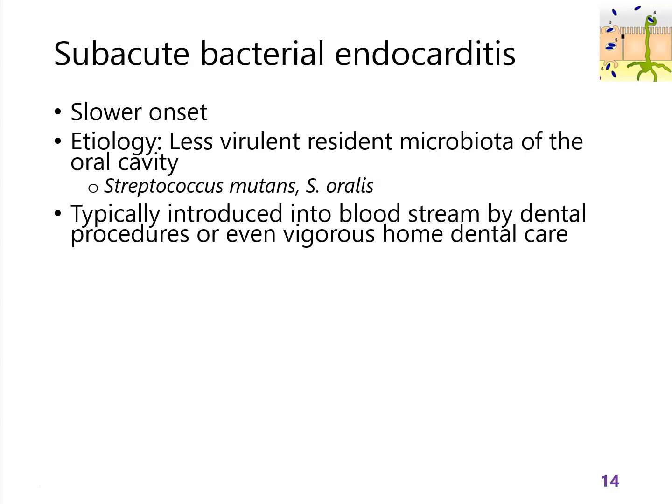Usually it's from bacteria from the mouth that are introduced during dental work or flossing, anything that causes a lot of bleeding in the mouth. And introducing these bacteria into the bloodstream is common, and it happens to healthy people, and they don't get bacterial endocarditis.